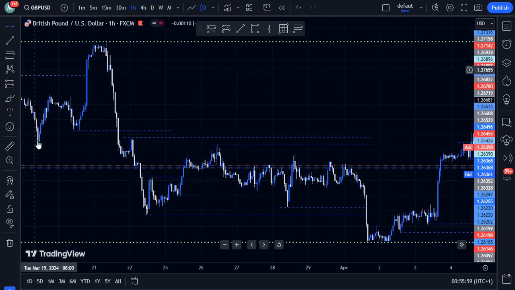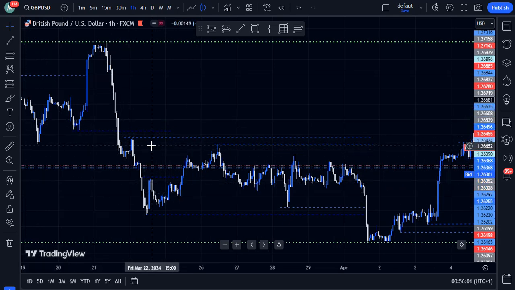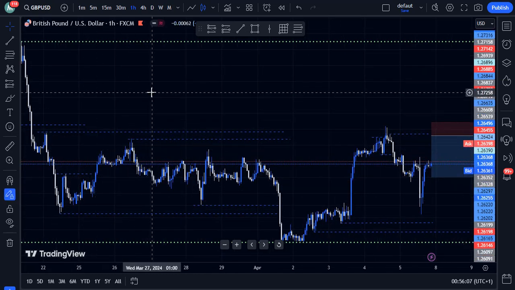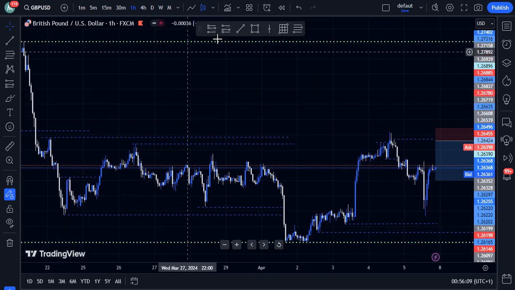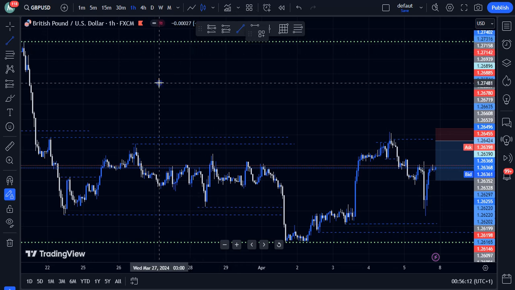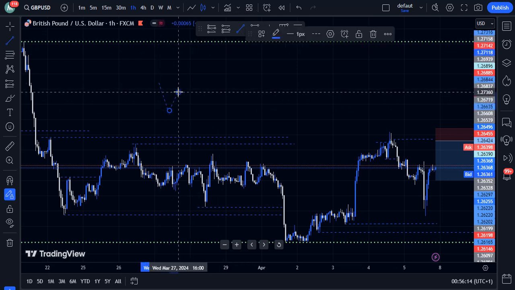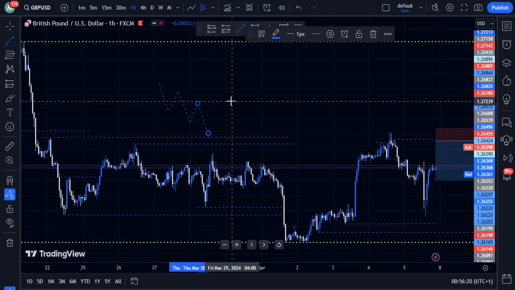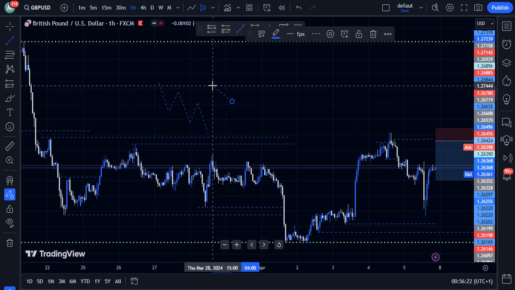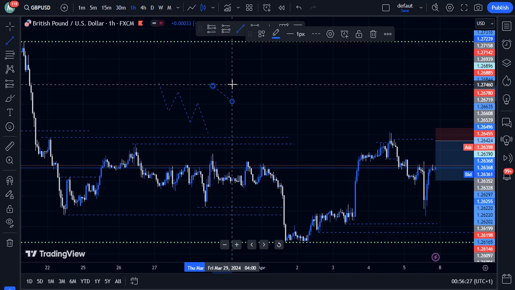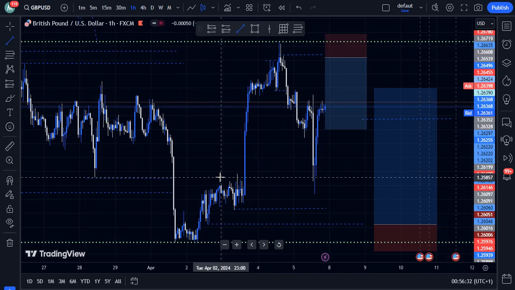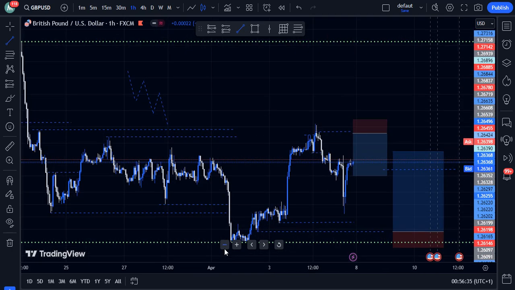So this is where we draw our lines. This is where we draw our markup, higher lows, we draw lines, and something like this. So this is what TradingView is about. It's very user friendly, it's not rigid, it contains everything you need. That's why most people use TradingView compared to MetaTrader 5.